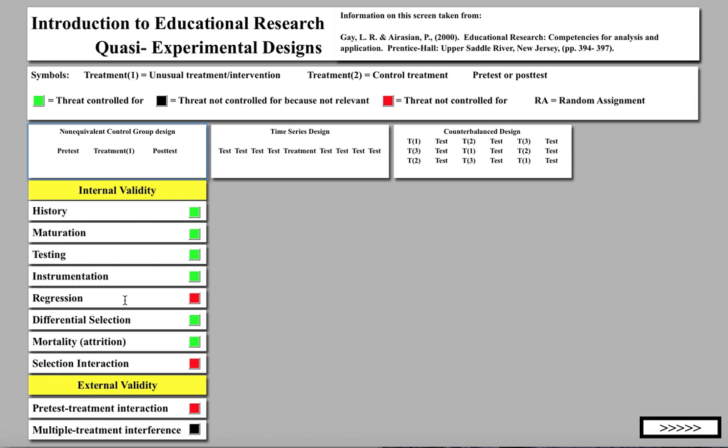So we have a threat, regression, which is that scores tend to move towards the mean. Since we didn't have any random assignment, we do not know what the groups were like, whether they were equivalent or not. We have selection interaction, and we have pretest treatment interaction. Since there's a pretest, it may affect the results of the treatment.